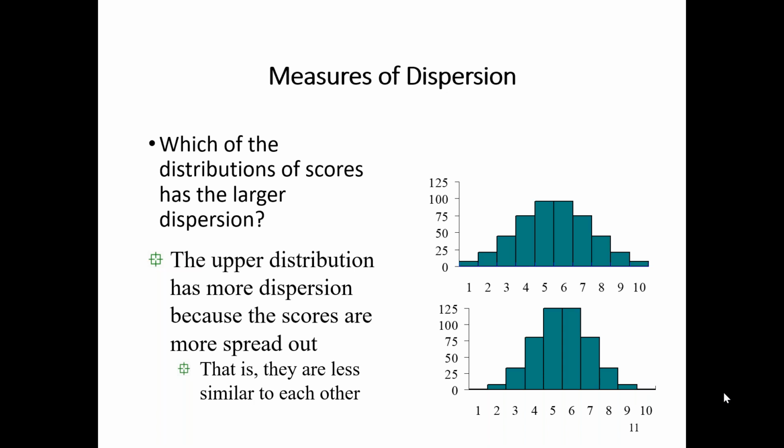Now, which one is more widely distributed? The first one, because it goes from 0 up to 10. So the distribution is very wide in the first one as compared to the second one. So this tells you about the dispersion of the values.